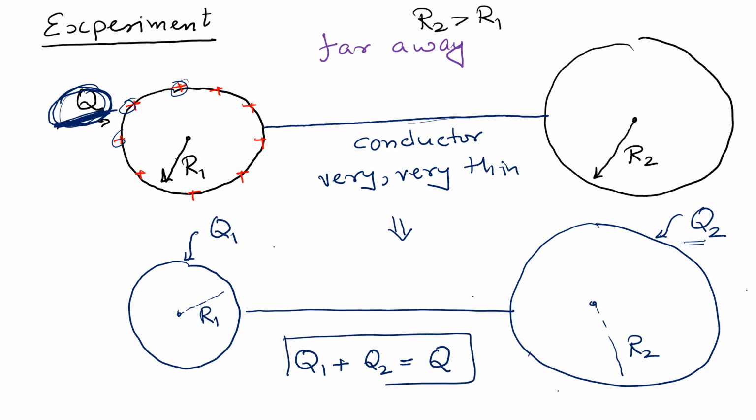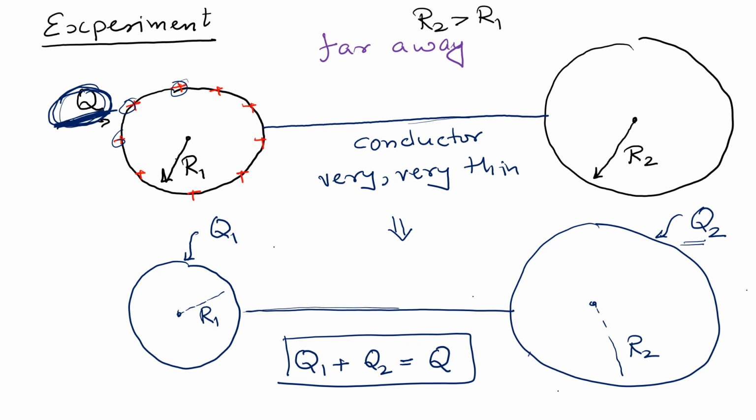Right? Again, remember, we can only redistribute charges. We can't create it or destroy it. So this charge Q distributed itself as Q1 on one sphere and Q2 on the other sphere. How long would this distribution continue? When would these charges be happy?